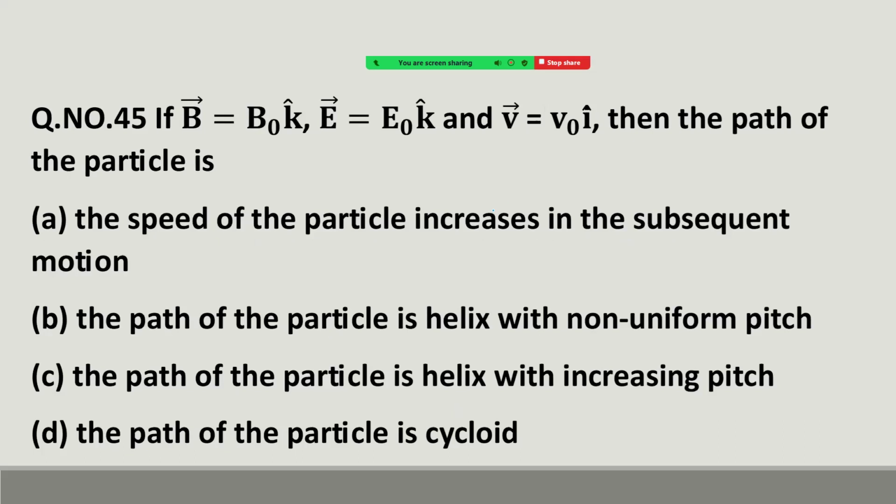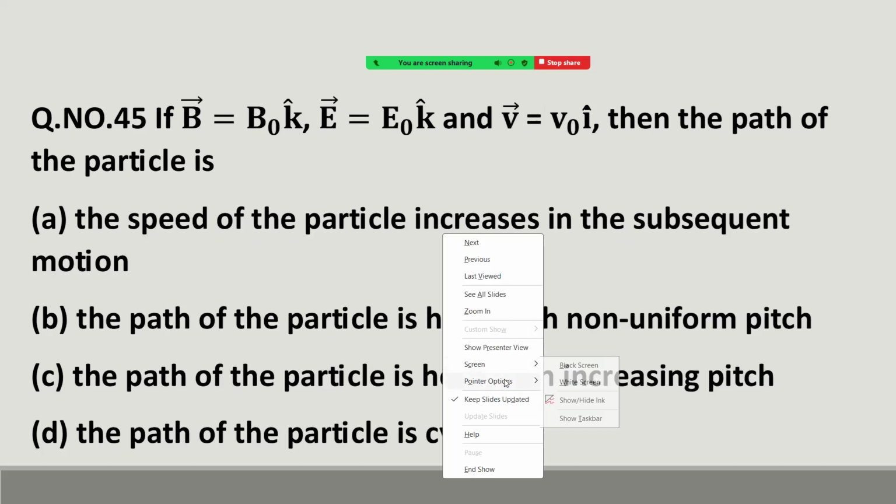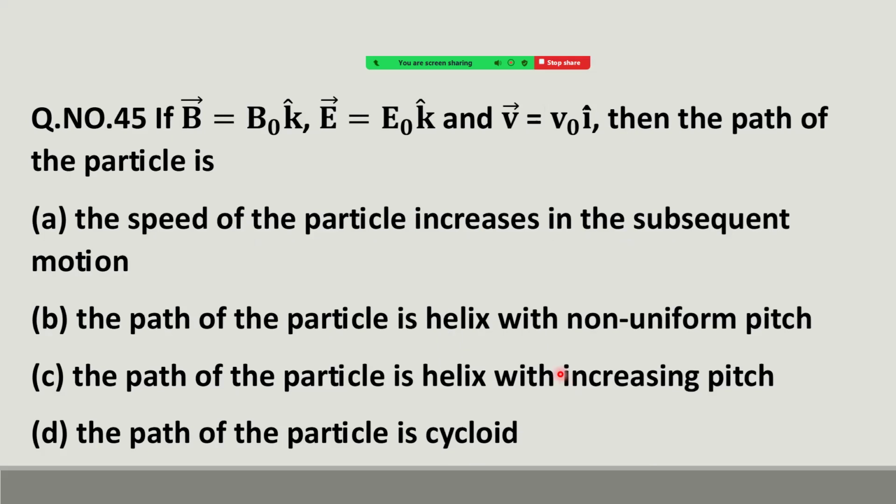Let's see the next one. B bar is B naught k cap, E bar is E naught k cap, V bar is V naught i cap. Then the path of the particle is... See how to decide this.